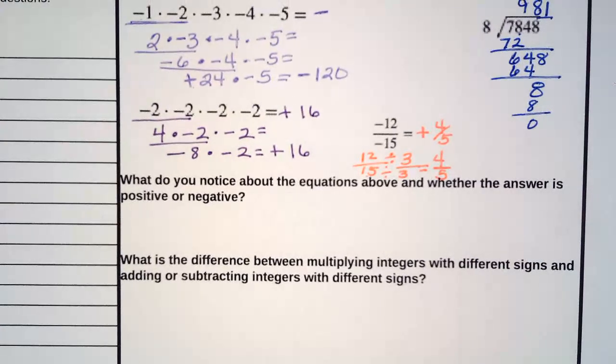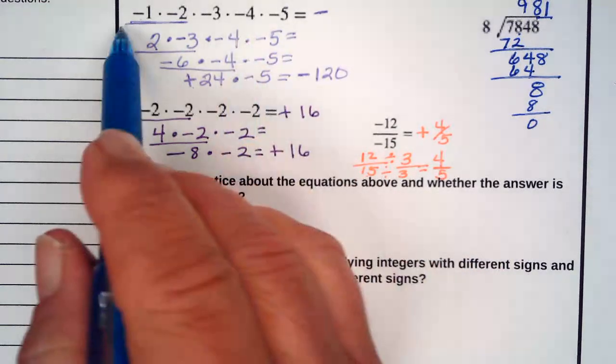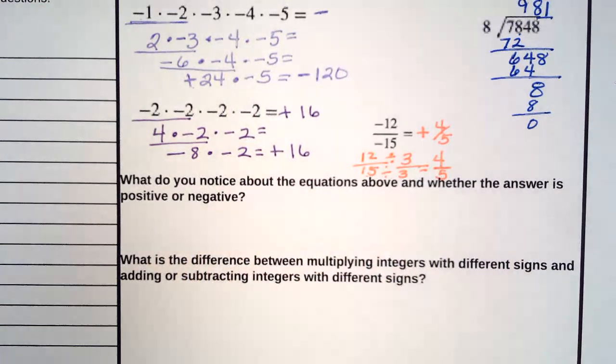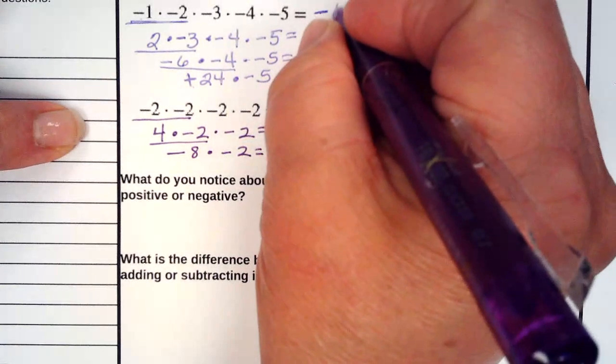Okay, now let's take a minute and look. What do you notice about the equations above and whether the answer is positive or negative? Take a minute and look. Well, this was 5 and it ended up negative. This was 4 and it ended up positive.